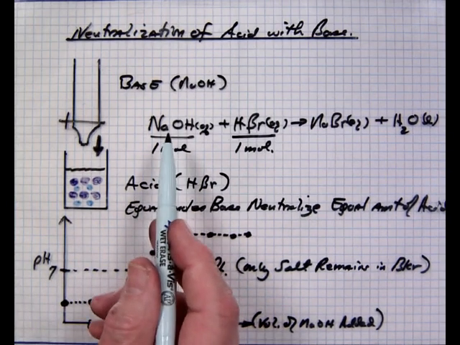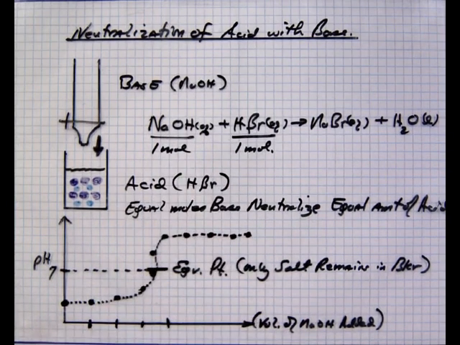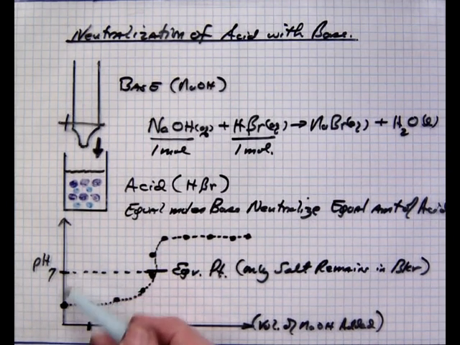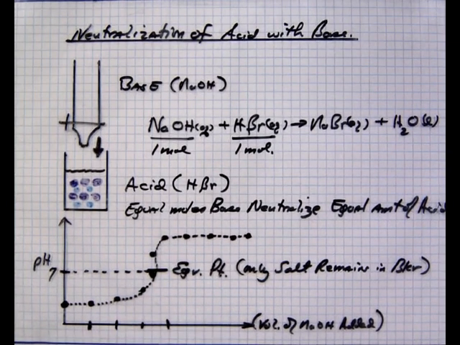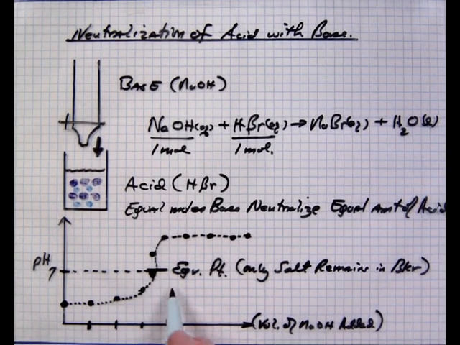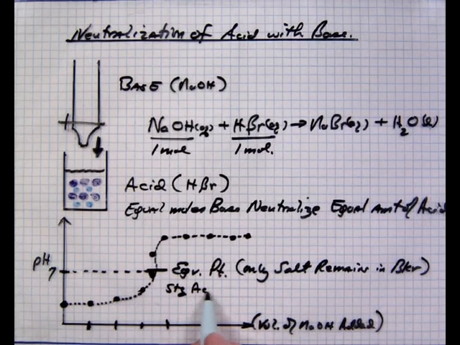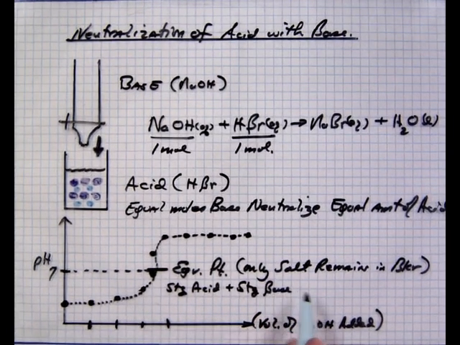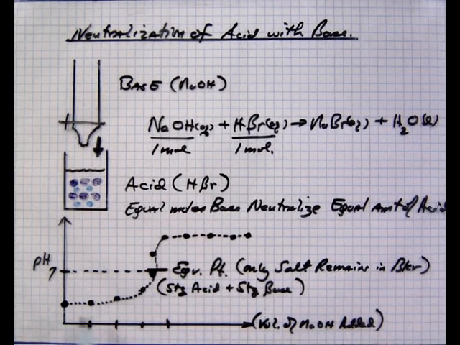Or if you had a strong acid into a weak base, it could possibly shift the equivalence point down into an acidic range at the equivalence point. But we're working with a strong acid plus strong base neutralization reaction, and the equivalence point will be at a pH of 7.